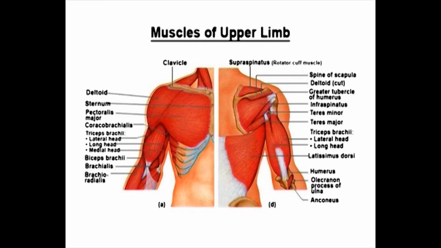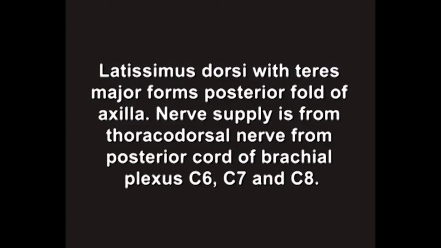Muscles of the upper limb. Latissimus dorsi. It is a large triangular flat muscle extending over the lumbar region and lower half of the thorax, from the spines of the lower 6 thoracic vertebrae, anterior to the trapezius. Latissimus dorsi with teres major forms the posterior fold of the axilla.